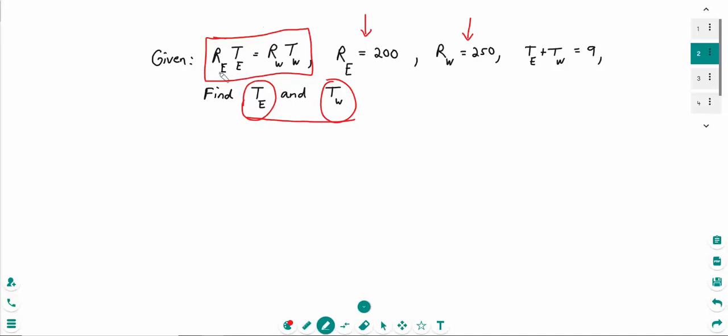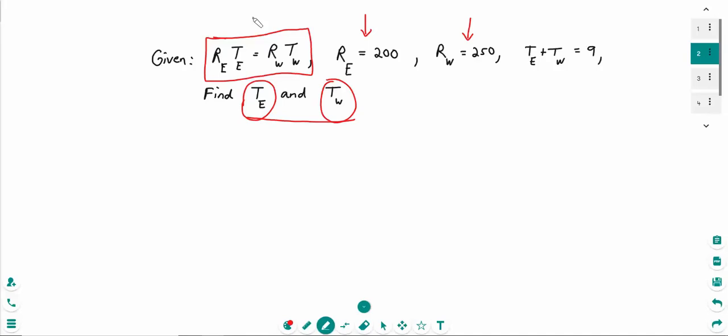In other words, we have four unknowns here, so we need four equations dealing with these four unknowns in order to solve for them. If we only had three unknowns, we would need three equations. If we had two unknowns, we would need two equations. Five unknowns, we need five equations, and so on and so forth. So bear that in mind. If you know there are four things that we're looking for, then we're going to need four equations.